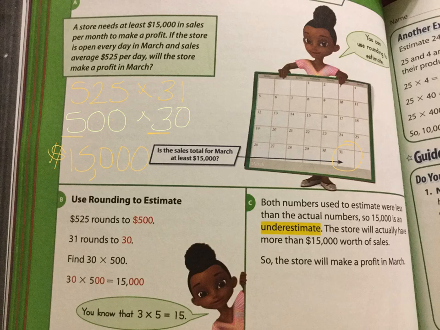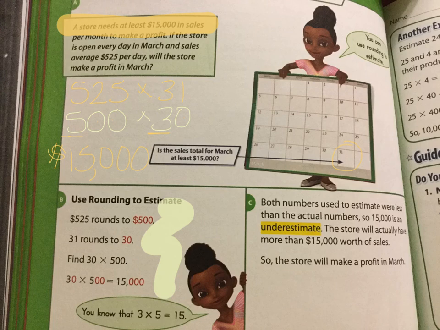Would we make enough for the store? Yes. We need to make at least, it says, at least $15,000. Well, we did. You can watch again right there in part B, it shows what we did. Part C over here says both numbers used to estimate were less than the actual numbers, meaning that we rounded down.